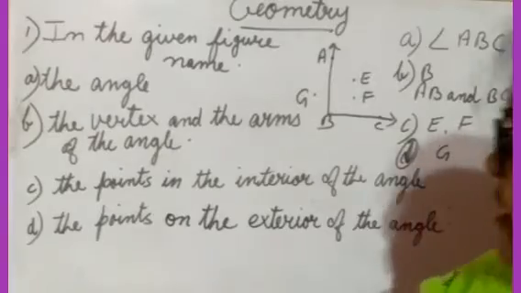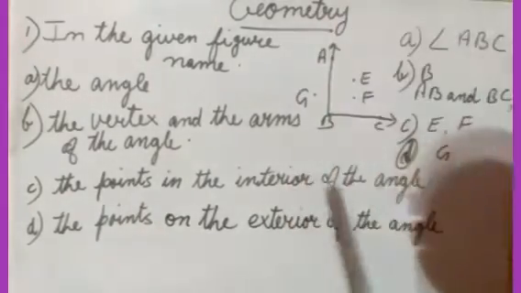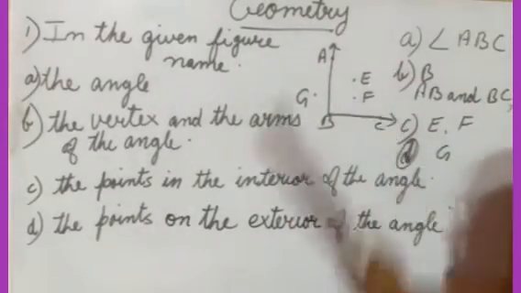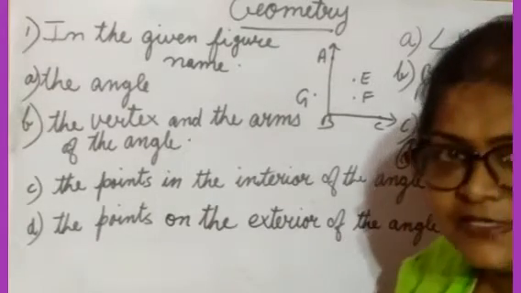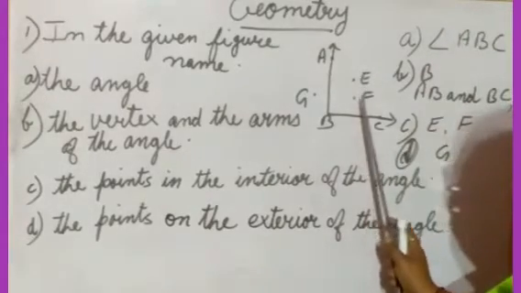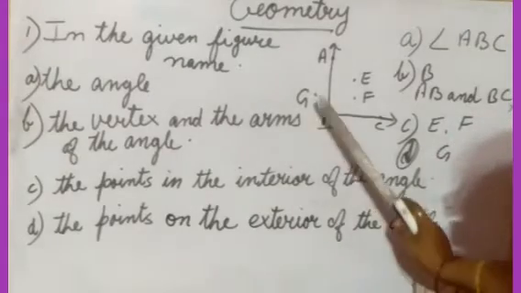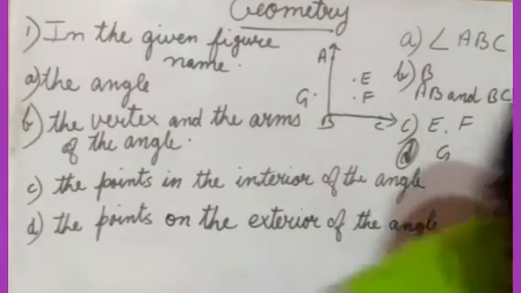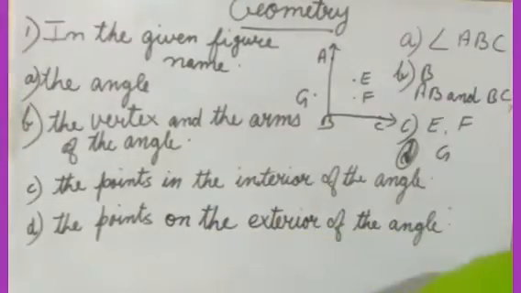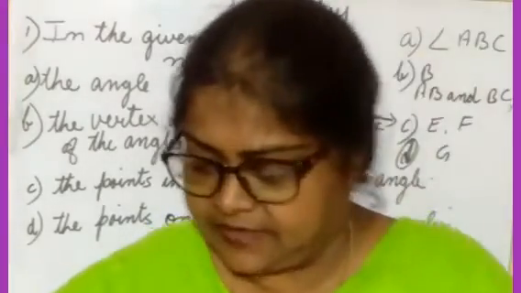Now the points in the interior of the angle: E and F. The point on the exterior of the angle is G. Clear? Now come to the next sums.